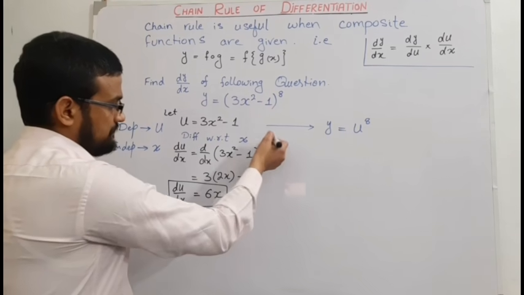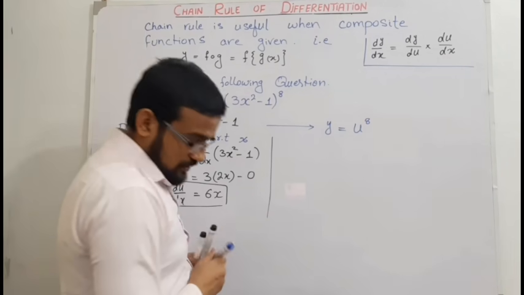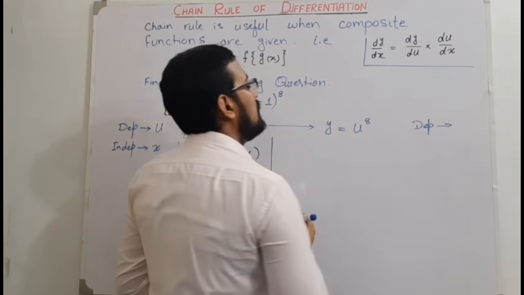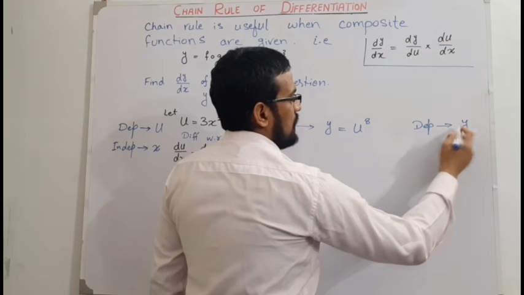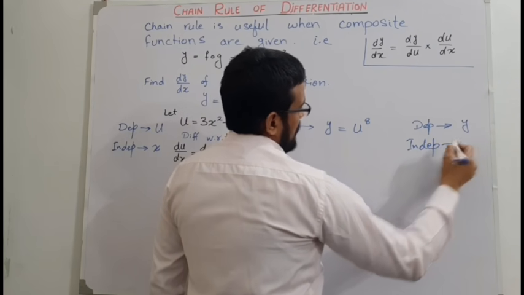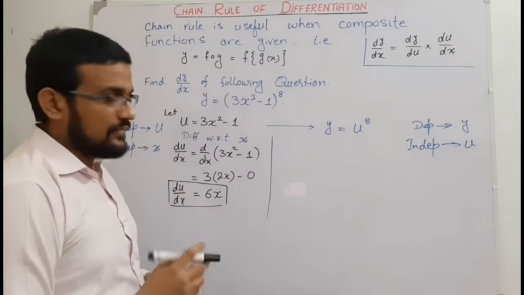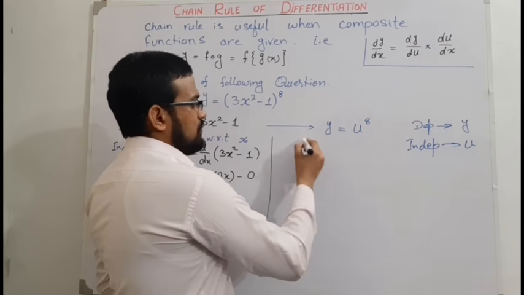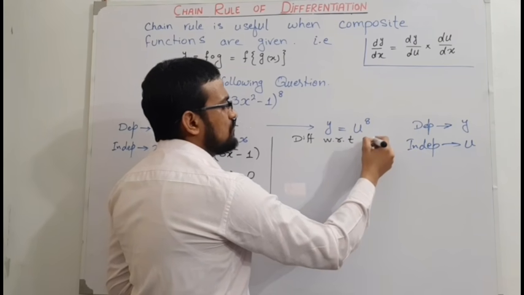Then here, what is the dependent variable? y. And the independent variable is obviously u. Since the independent variable is u, you should differentiate with respect to u.